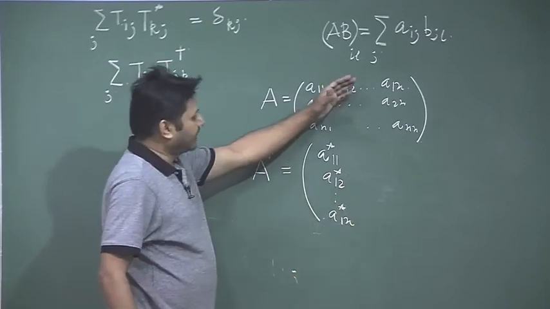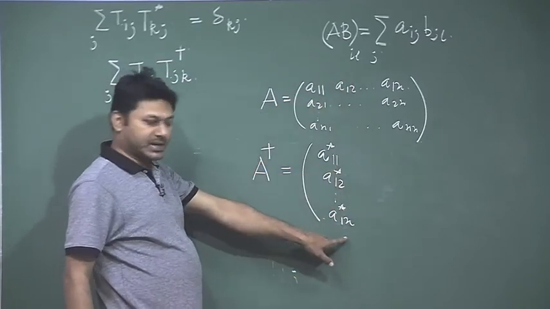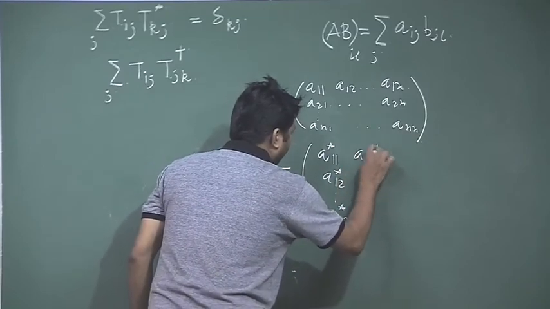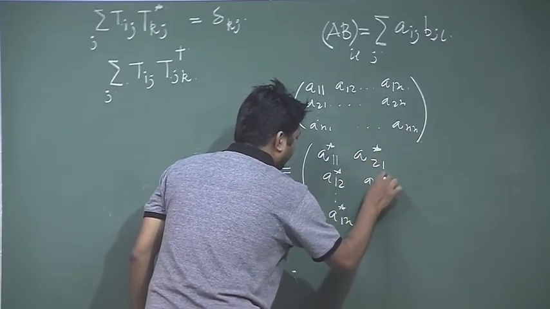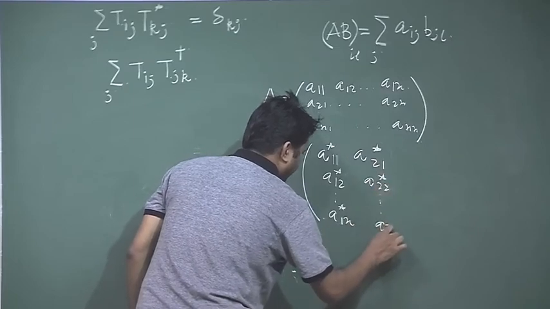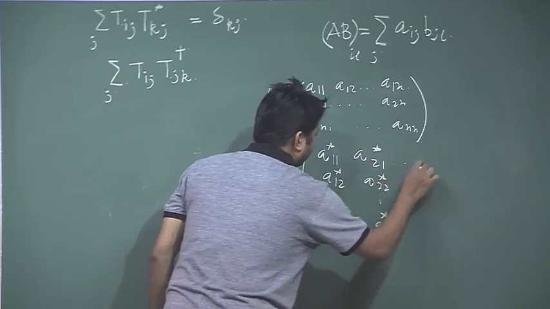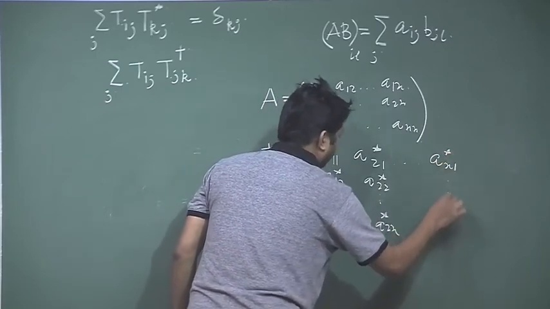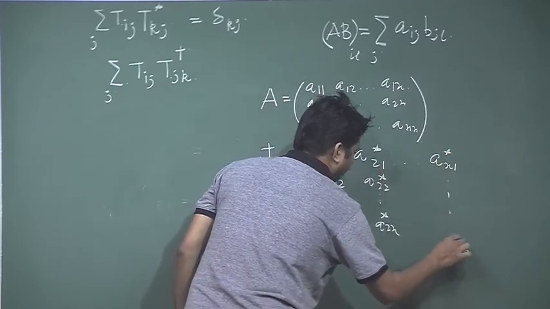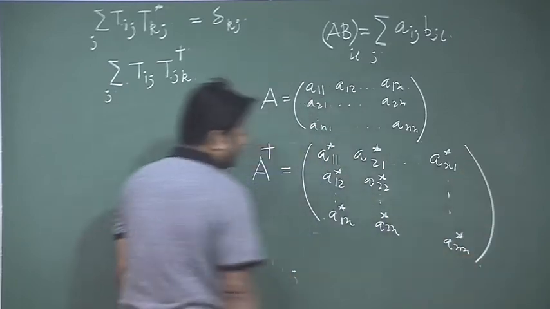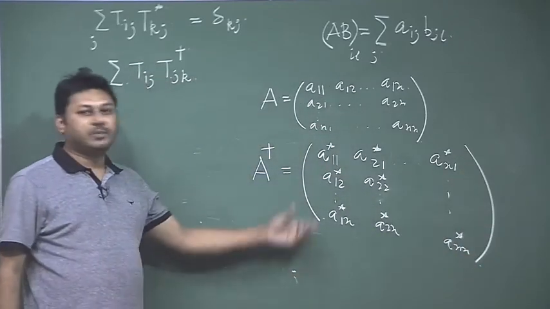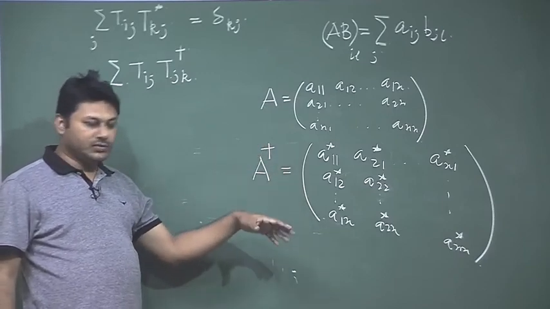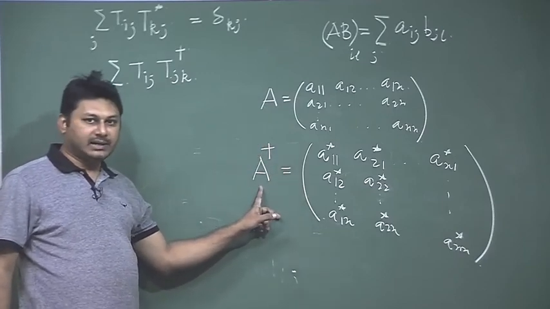I make a transpose of this and then make a star of that. A21 star, A22 star, A2n star, An1 star to Ann star. So, transpose plus complex conjugate. One matrix is given, I make a transpose and then make a complex conjugate. Whatever the matrix I am getting, I can write as a dagger.